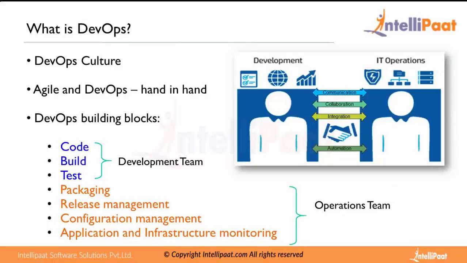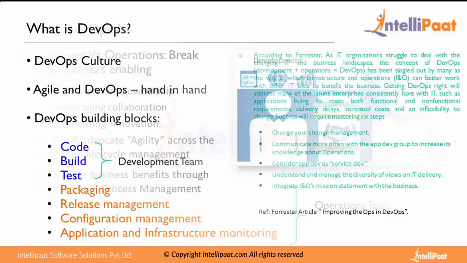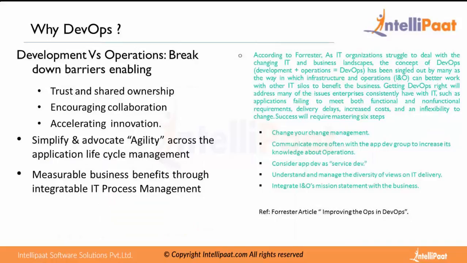So let's look at why DevOps. Why do we really need DevOps in place? The requirement is to break down the barriers between the stages of the application lifecycle. The transition from every stage should be smooth and frictionless, and that's what we look at.